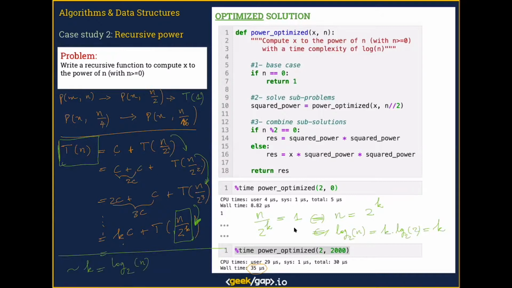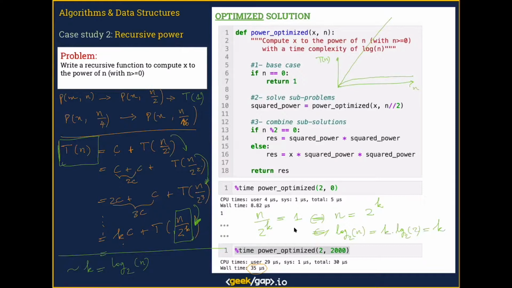And you can see it's much faster because if you draw a plot, let's say n and T(n), a linear function grows like this, whereas a logarithmic function almost plateaus. It plateaus very quickly. So a logarithmic function grows very slowly.